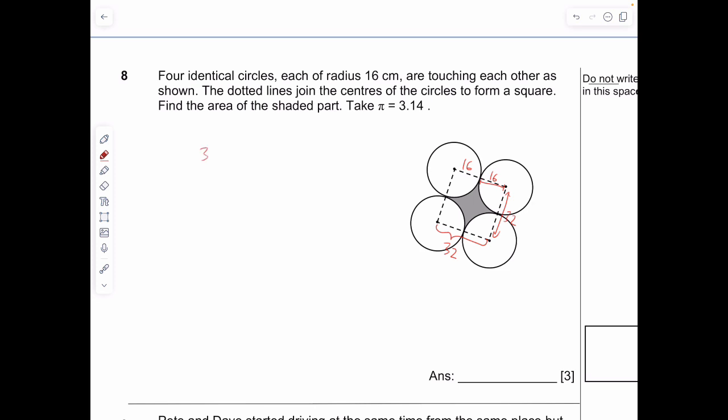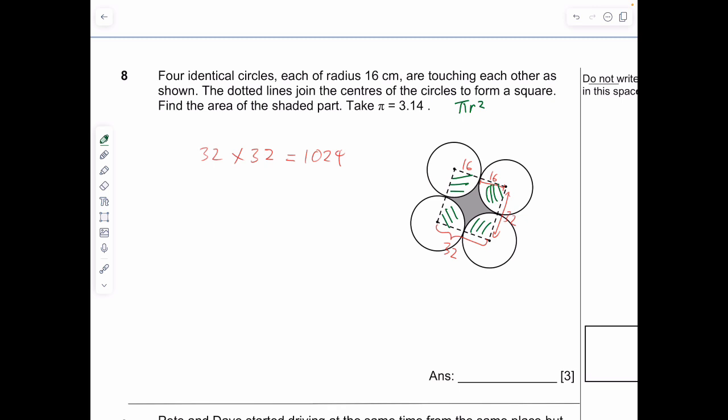So that would be 32 times 32. My answer is 1024. After I found this area, I will need to find out the area of one circle. Why? Because if you realize, the 4 quadrants will make one circle. So the formula for circle is pi r squared.